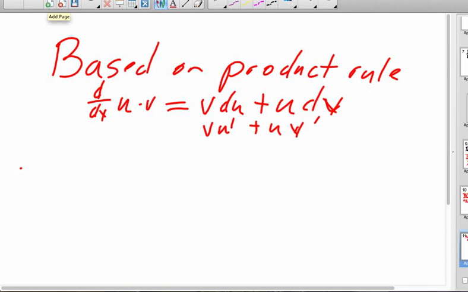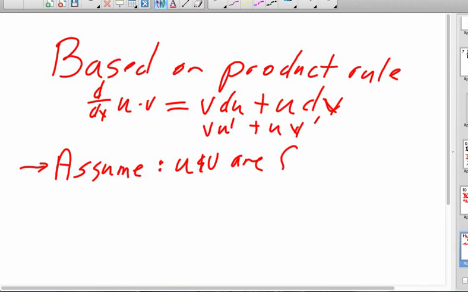So in order to do this, you need to have the following. We're going to assume, and if this isn't true, you better not be using this, because you're in the wrong course, this would be Calculus 3, that u and v are functions only of x.